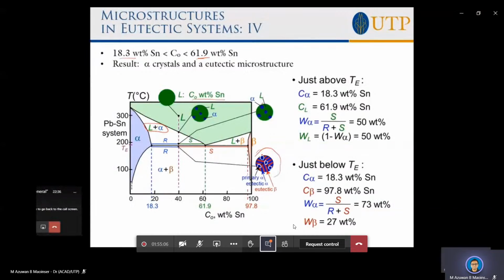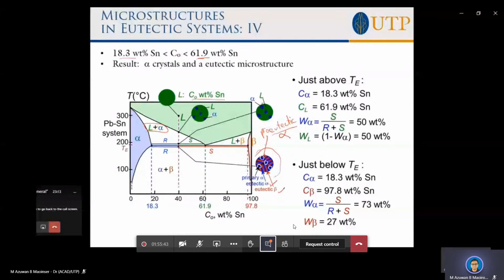Okay, so this alpha is what we call pro-eutectic alpha because it's formed before crossing the eutectic temperature. All right, and all the liquid that you have before crossing the eutectic temperature will change into alternating layers. So inside the alternating layers, you still have alpha and beta. So we call that eutectic alpha, eutectic beta.